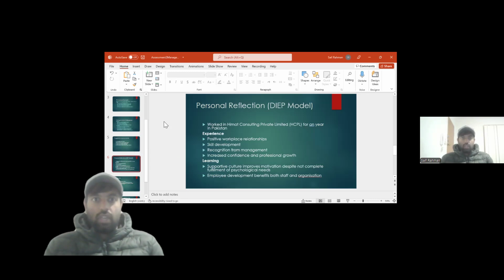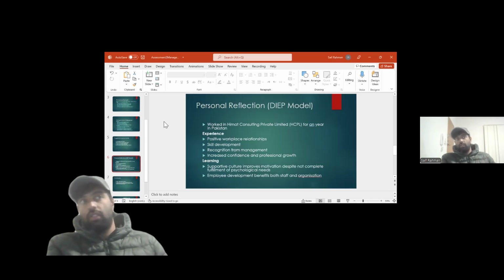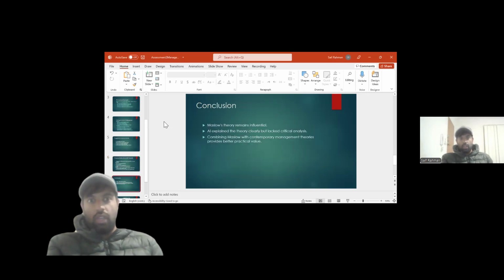Because in Pakistan or in India, even at the entry level, or until people create their own houses, they live with their parents in their own family houses. So it's not necessary for organizations to fulfill the physiological needs of entry level or even mid level employees, but it is absolutely necessary in Pakistan, or in societies like ours, to fulfill the upper four needs, the safety needs, the esteem needs of the employees.